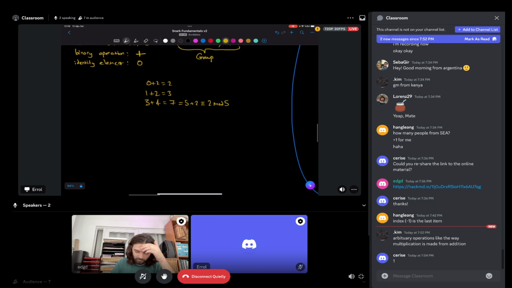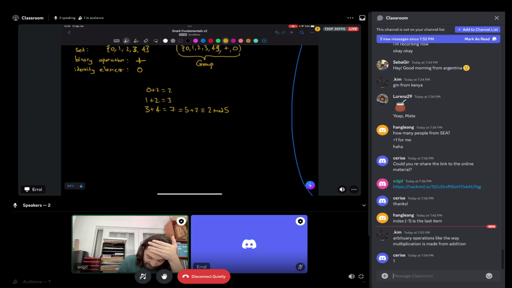Yeah. We could do a different set. We could do 0, 1, 2, 3, 4, 5, 6. So we've got 7 elements in it. And we could instead choose multiplication, which we usually use a dot for rather than the little x.